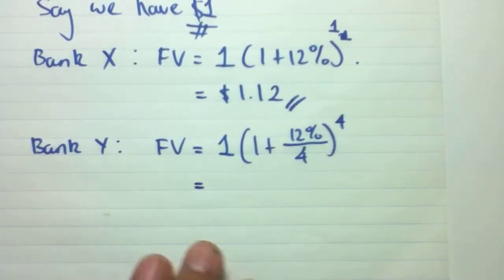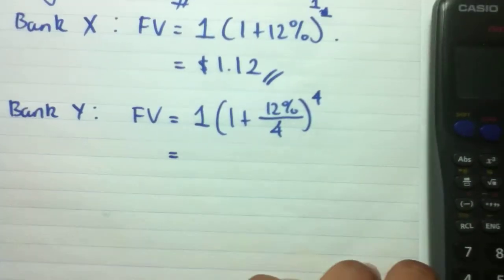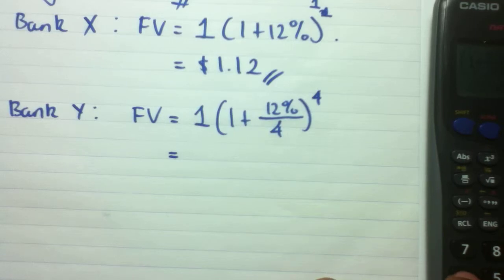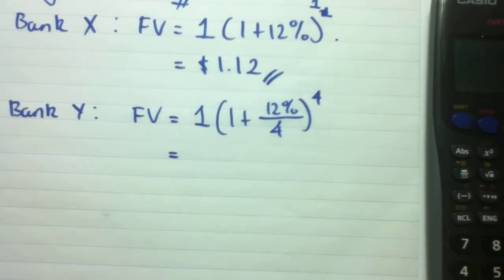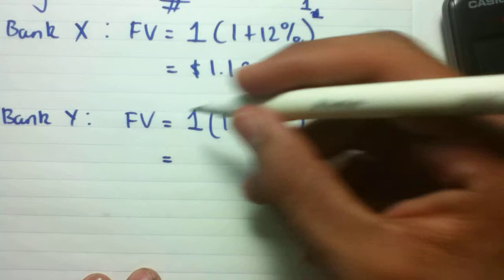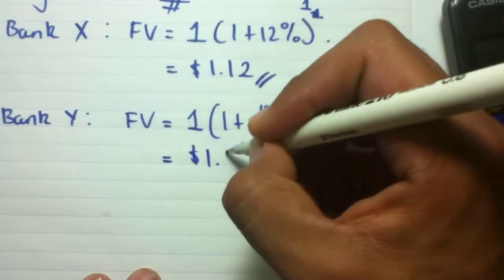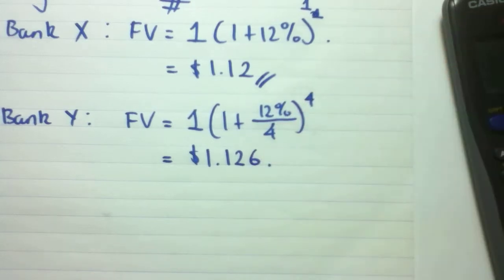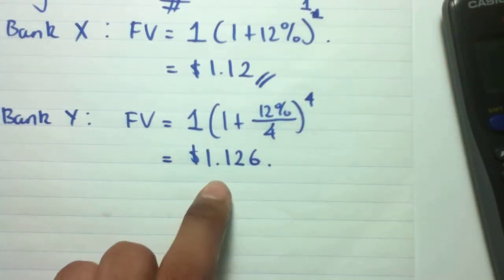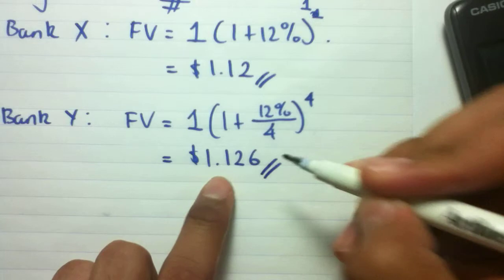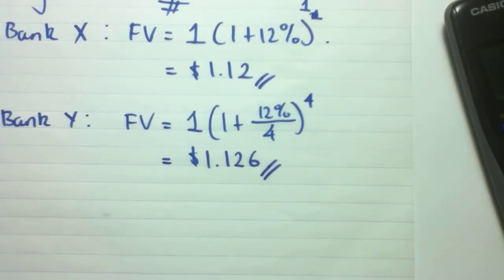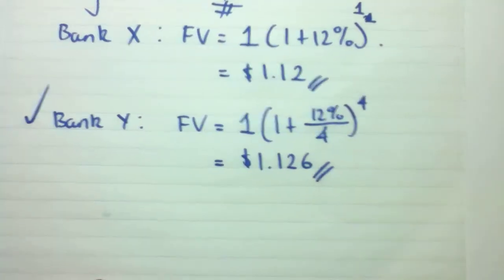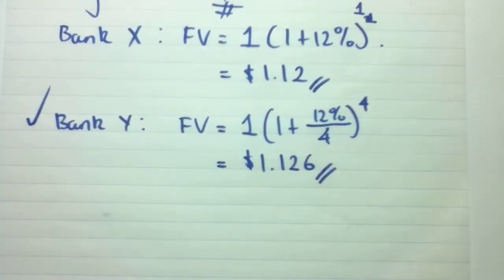And so the final value of this investment, Bank Y, is 1 plus 12% divided by 4, all to the power of 4. And that's, we'll just do it to 3 decimal places for now, $1.126. So clearly it makes sense that Bank Y offers the better investment.